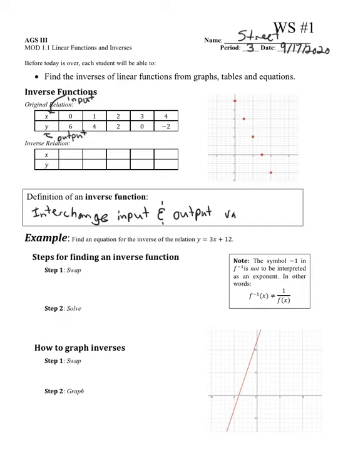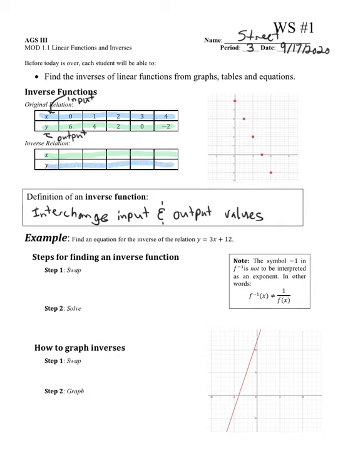and output values. What that looks like is if I started with my x values here, 0, 1, 2, 3, 4, and my y values, which I'll highlight in green, 6, 4, 2, 0, negative 2. What happens down here is I switch them, so now my x values become the green line and my y values become what the blue line was.